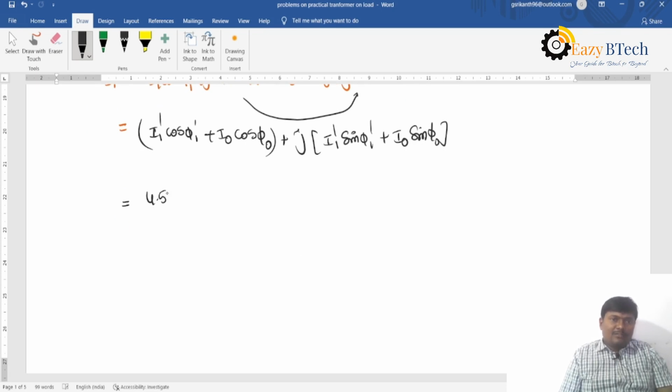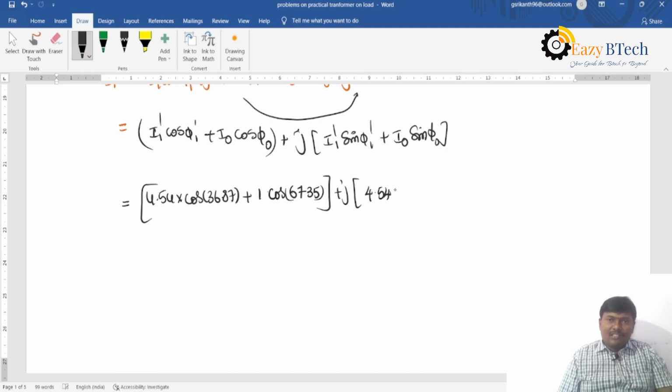Is 4.54 and the cos of 36.87 plus the no load current is 1 and the cos of 67.35 plus j, again it is I1 dash is 4.54, the sine of 36.87 plus I0 is 1, sine of 67.35 degrees.